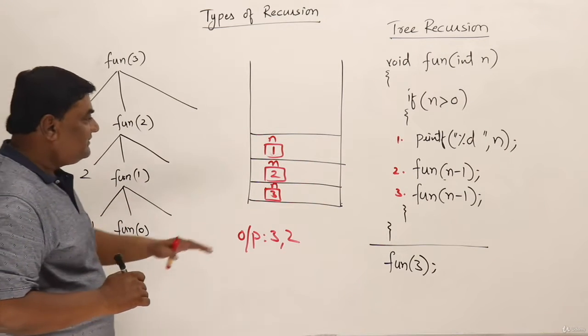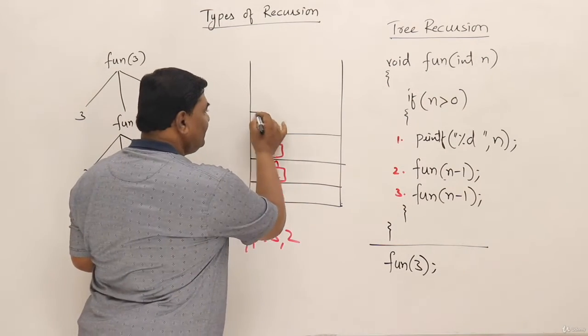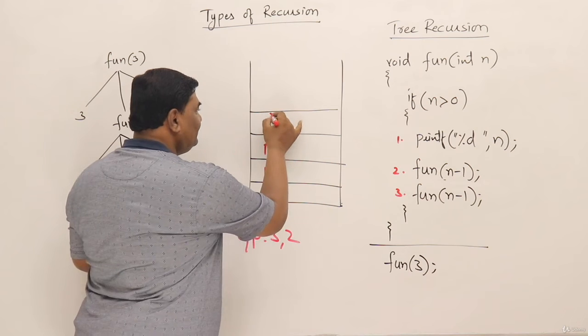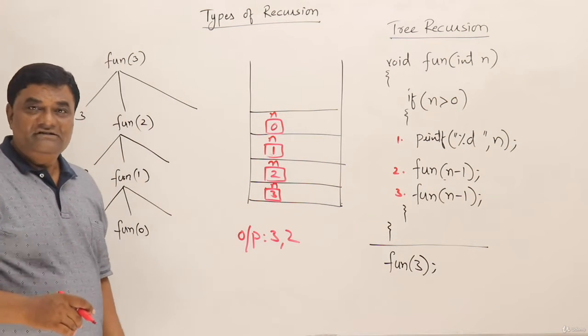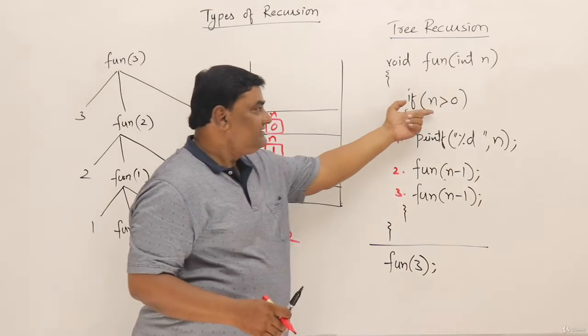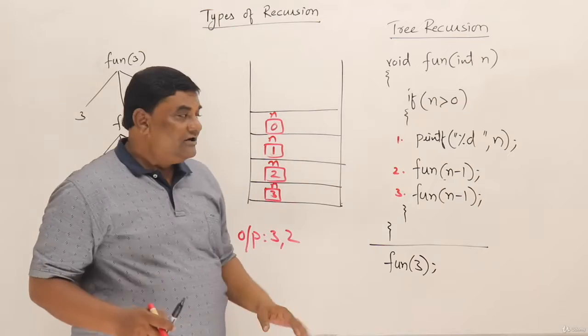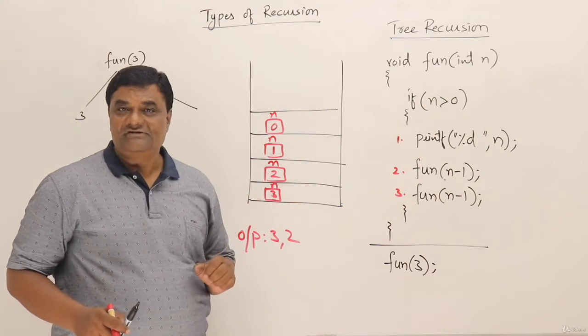For this call, a fresh call is made from here, so a new activation record is created where the value of n will be 0. Now this time fun of 0, 0 greater than 0? No. So it will not enter inside and it will not perform these steps.